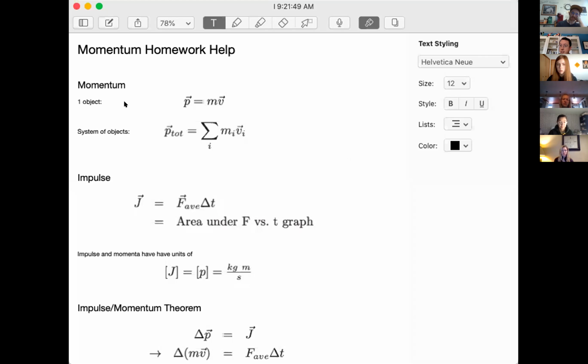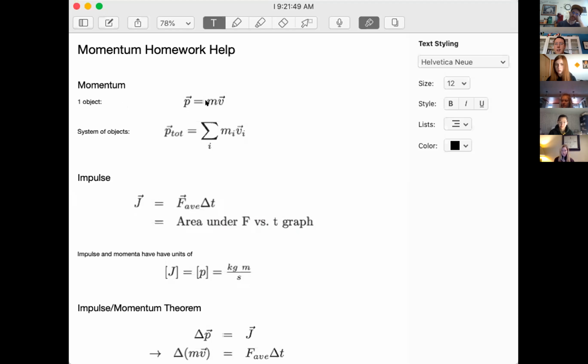All right. So the first thing I want to define is momentum. The symbol for momentum that people use almost everywhere is P. I have no idea why. Probably because we've used every other letter at this point.